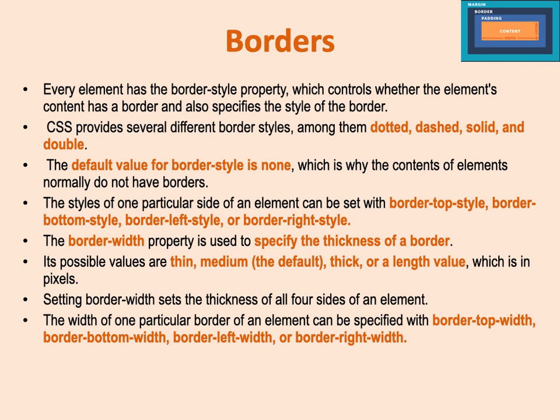You can specify border-width equal to 2px or 5px, etc., in pixels. Setting border-width sets the thickness of all four sides of an element. The width of one particular border of an element can be specified with the border-top-width, border-bottom-width, border-left-width or border-right-width properties.